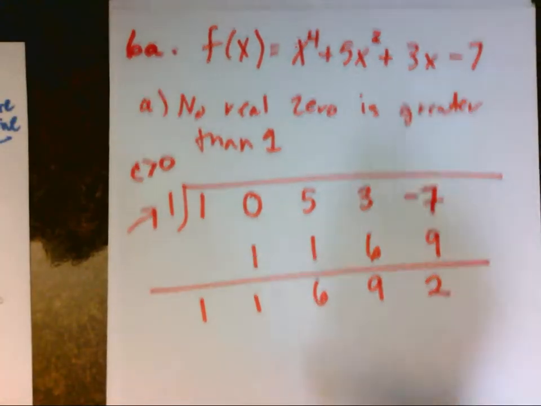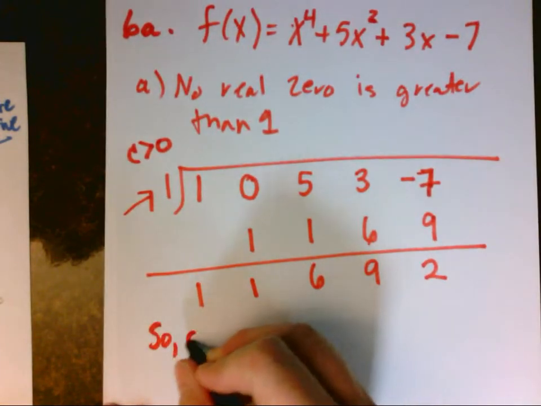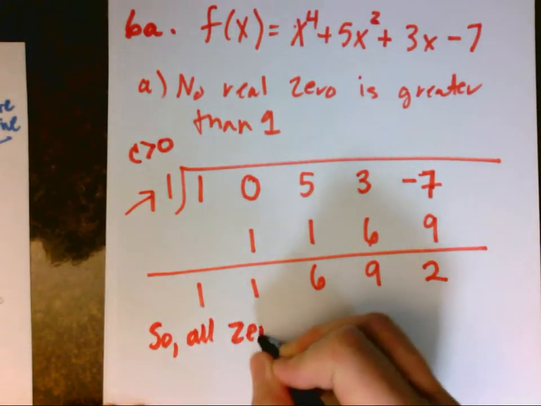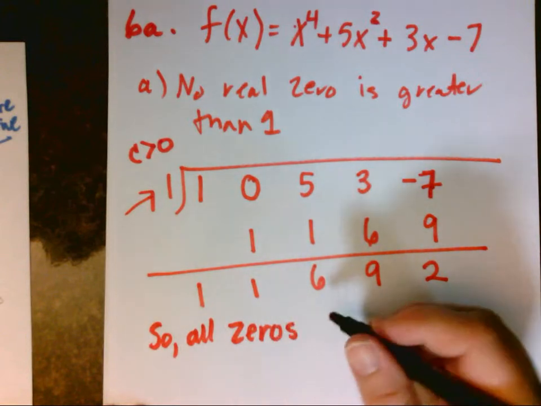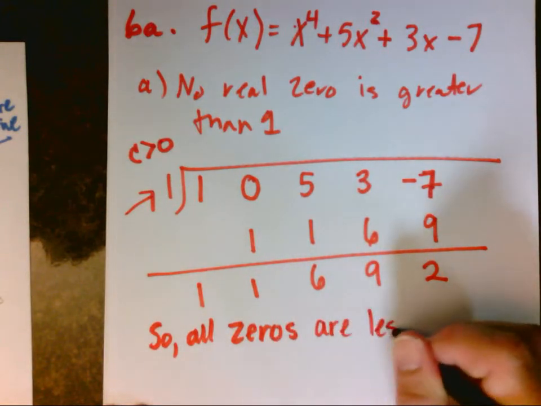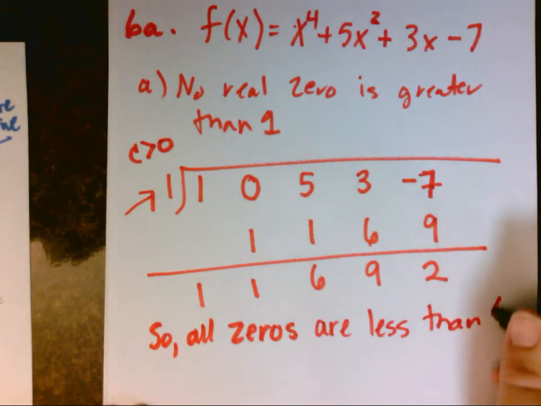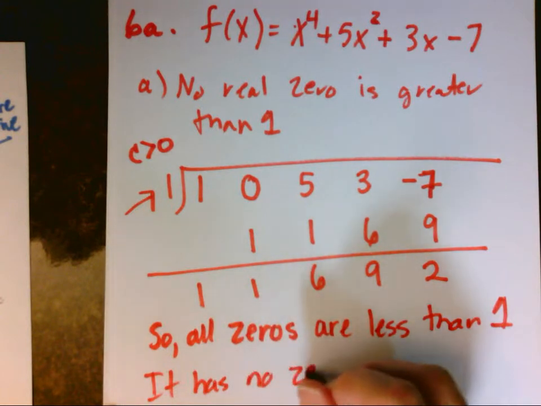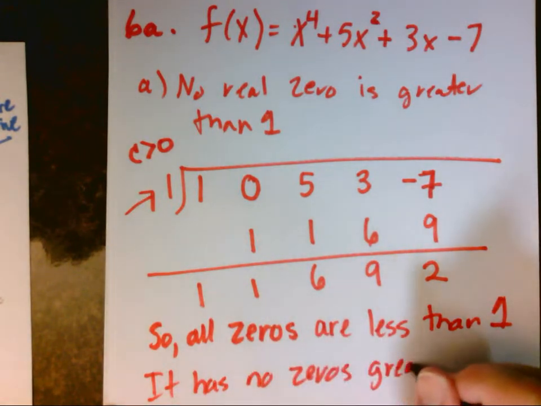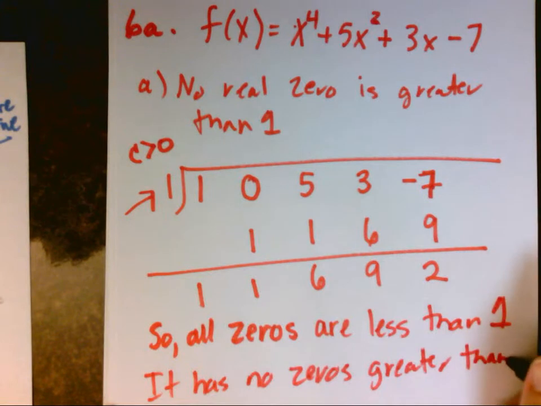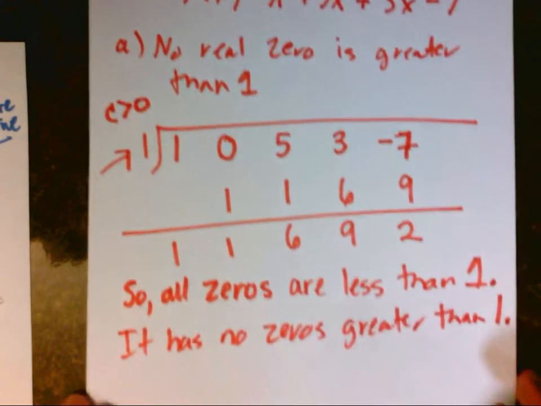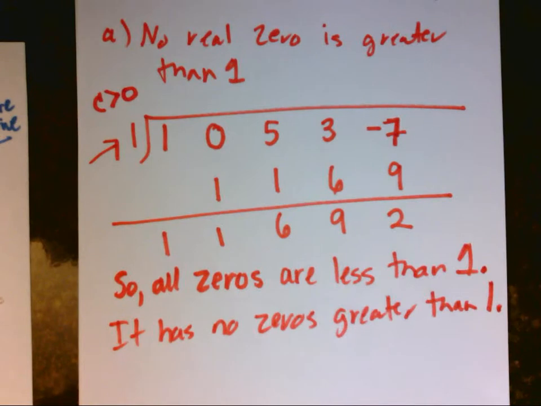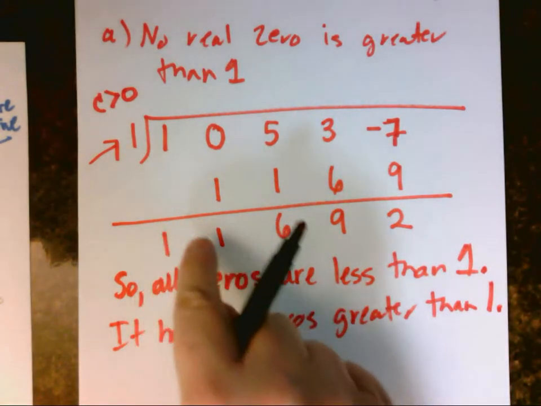So these are all positive, so all zeros are less than 1, or it has no zeros greater than 1. Okay, those say the same thing. It just matters how you want to say it. x equals 1, that is. Okay, so that's how you apply this. And that helps you to know where to guess.